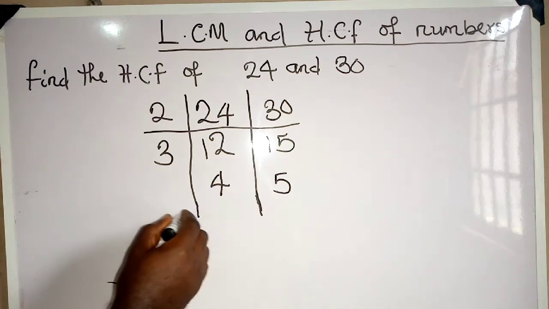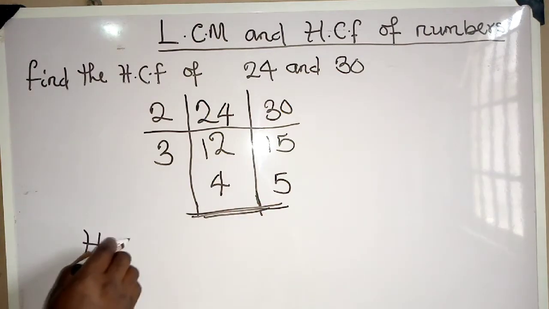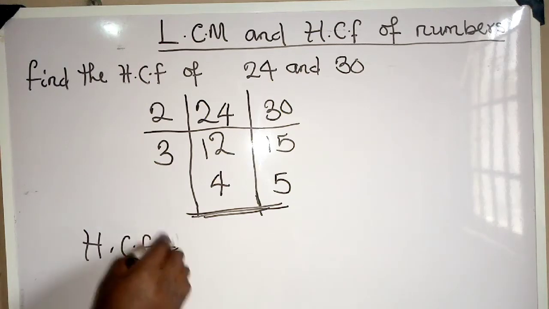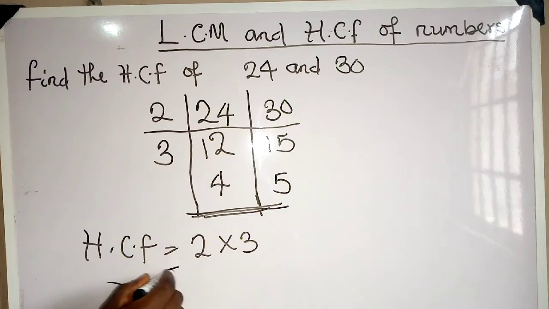So I stop my division right here, and then my HCF will be 2 times 3, and that will give me a value of 6. So the highest common factor between 24 and 30 is 6.